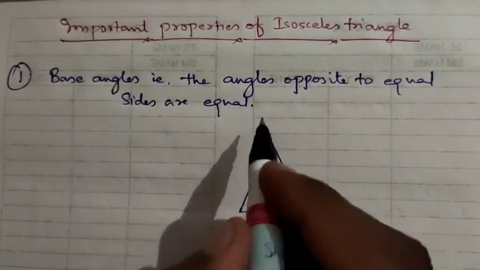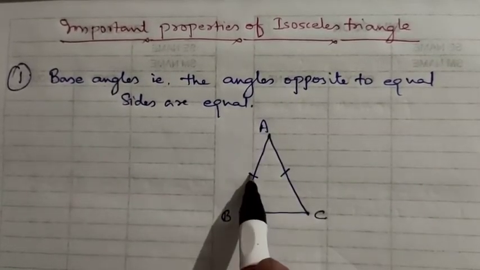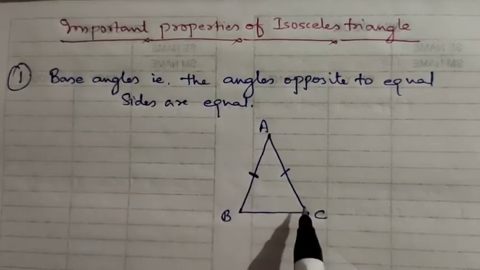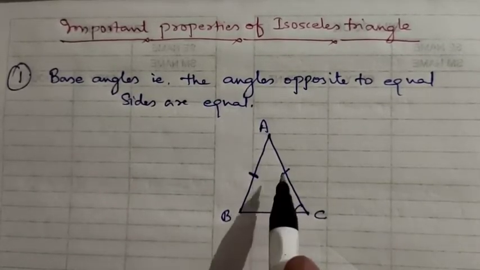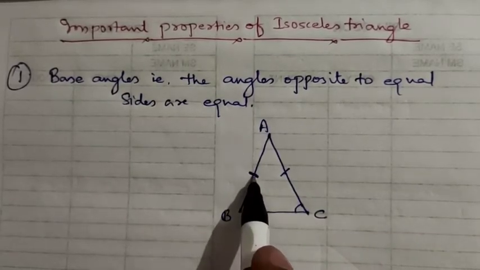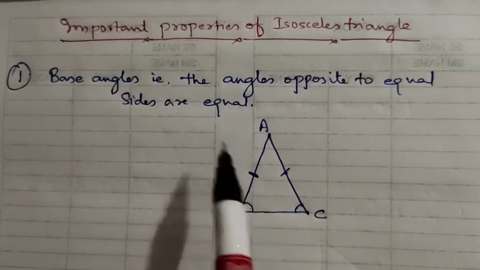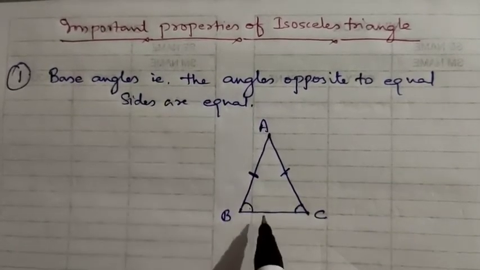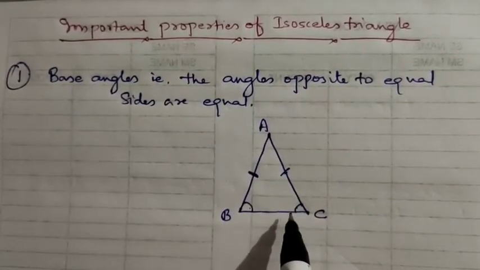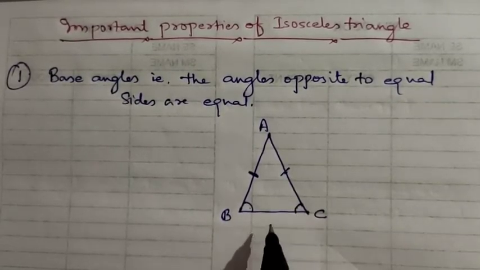Name it ABC. The angle opposite to side AB is angle C. The angle opposite to side AC is angle B. And according to this property, the base angles of isosceles triangles are always equal. It means these two angles will be equal.